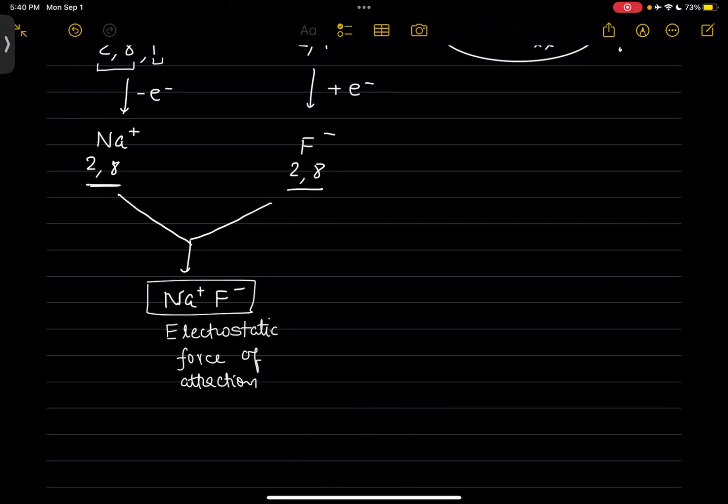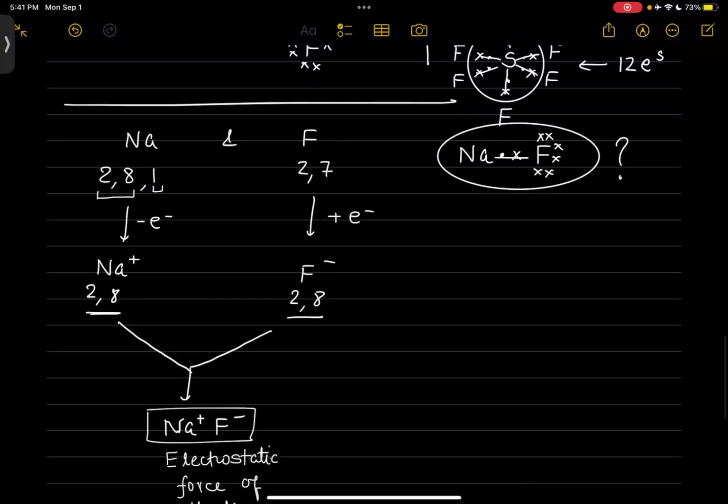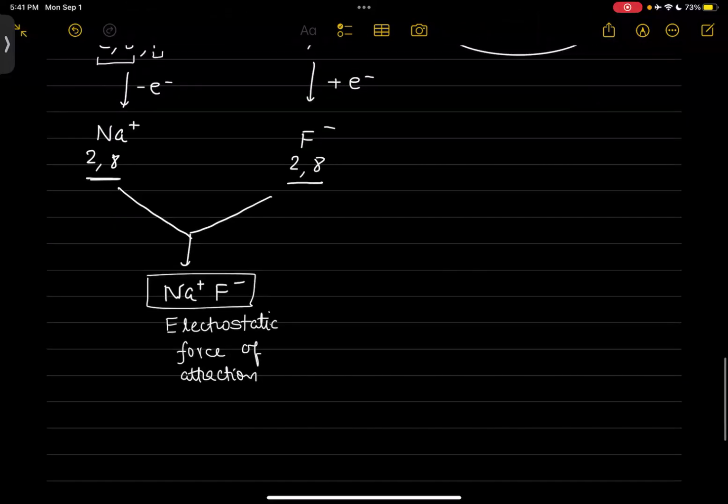If you have opposite charges, it is going to be attractive. Clear? And if you have the same charges, it is going to be a repulsive force. So metals will form cations, non-metals will form anions, and they will attract each other.